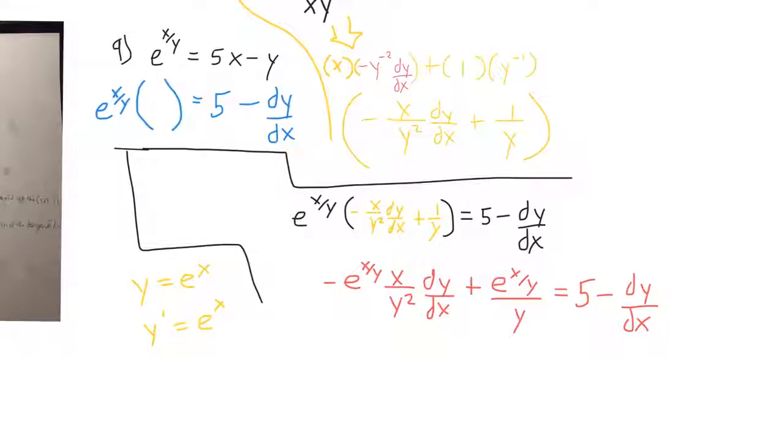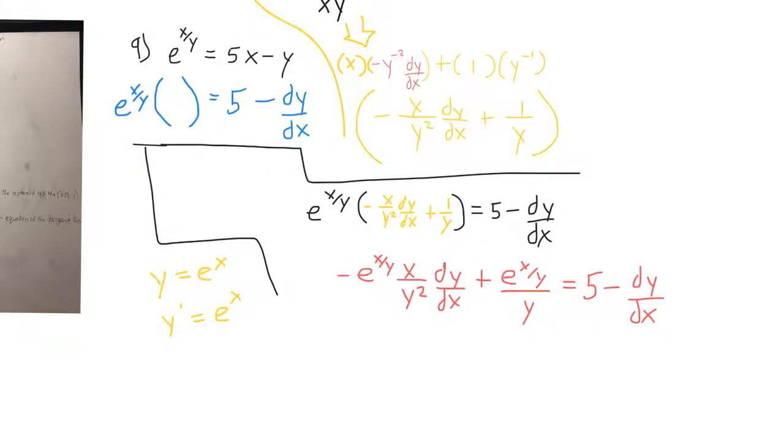Now we still want the terms that have a dy over dx in them to be isolated. I say we keep them on the left. So we're going to keep this here, and we're going to add this, and we're going to subtract that from both sides.